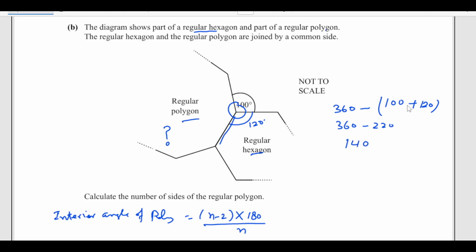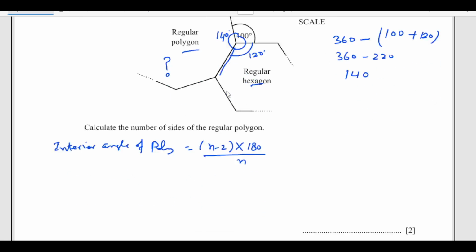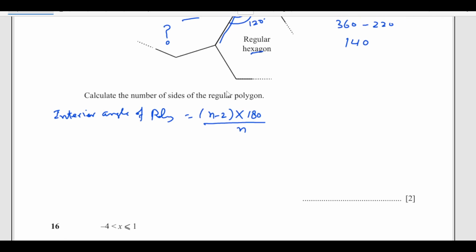So the sum of the interior angles is going to be one angle, which we got here, 140, right. So the sum of this is going to be 140 n. The interior angle I have got here is 140. n we don't know, and 180 over n. So I am going to multiply this n over here. So 140 n equals 180 n minus 2 times 180, which is 360, right.